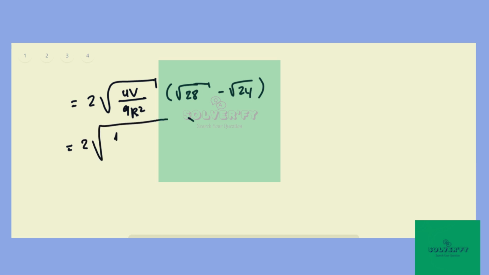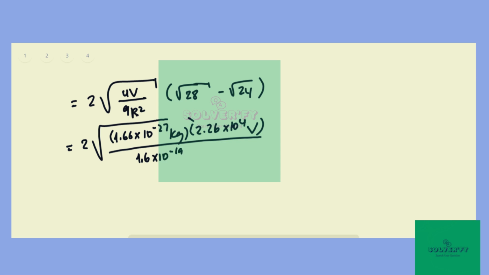What we have is 1.66 times 10 to the power negative 27 kilograms. And the potential we had calculated to be 2.26 times 10 to the power 4 volts, over q being 1.6 times 10 to the power negative 19 coulombs, the charge of a proton, and then the square of the magnetic field.